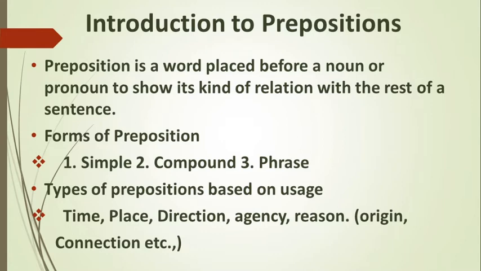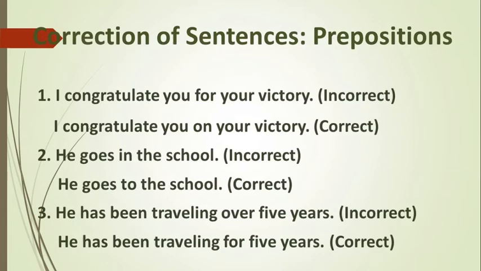So these are the prepositions based on the usages that we have seen. So far we have discussed very briefly about the prepositions. Now we will be looking into the correction of sentences in relation to prepositions through examples.